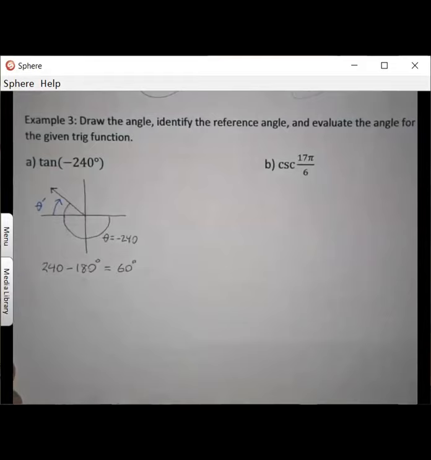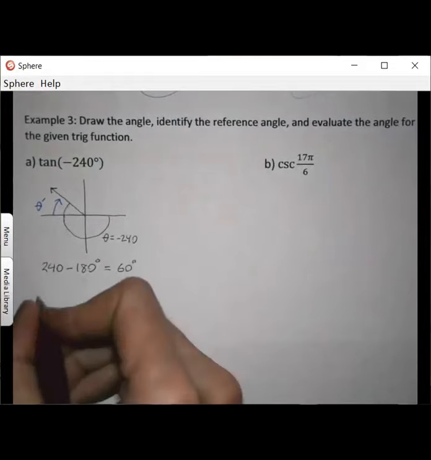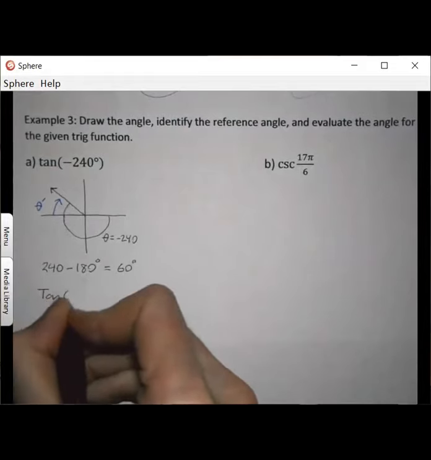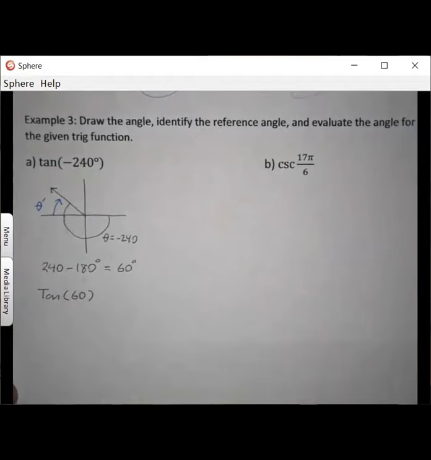Now 60 is a really nice angle. So if we want to find the tangent of 60, you go back to your 30, 60, 90 special triangle, do opposite over adjacent. It will definitely give you the right value. We can also go to our unit circle.